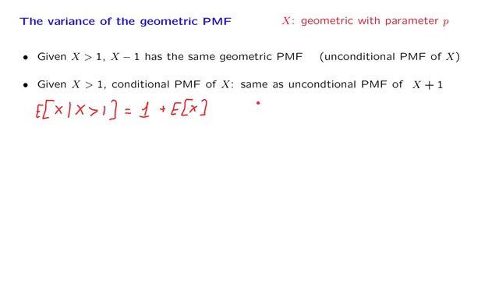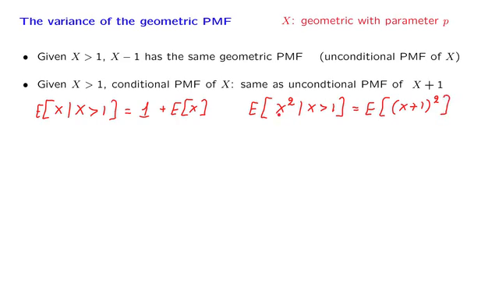And by exactly the same argument, the random variable x squared has the same distribution in the conditional universe as the random variable x plus 1 squared in the unconditional universe.